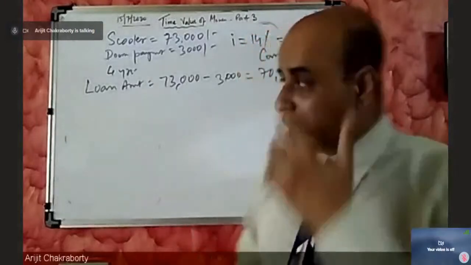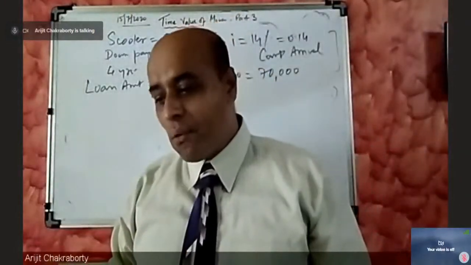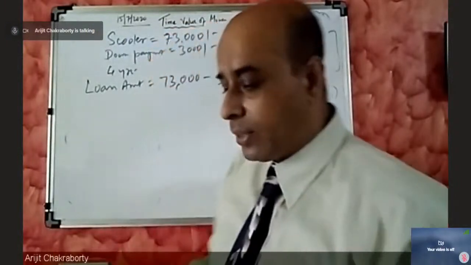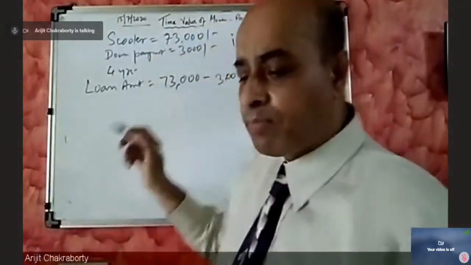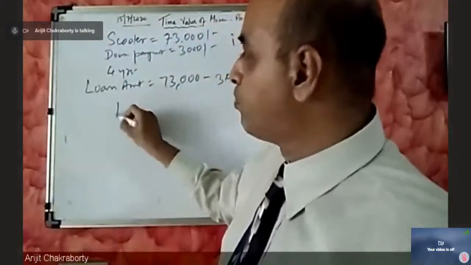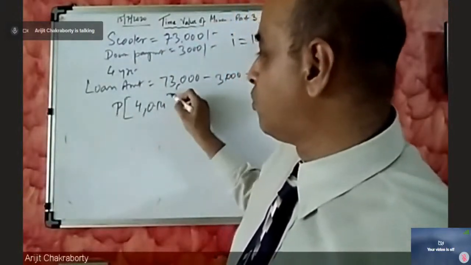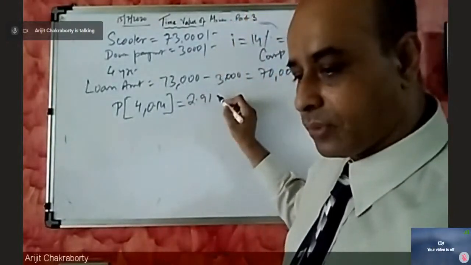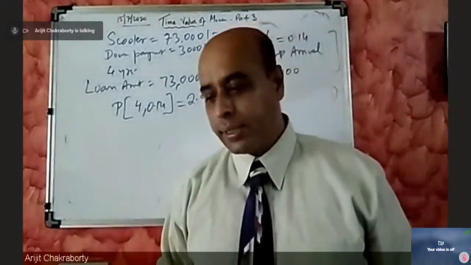Please also note, to make matters manageable for you, the compounding factor is given. So for 0.14, the value is given: 2.91371.